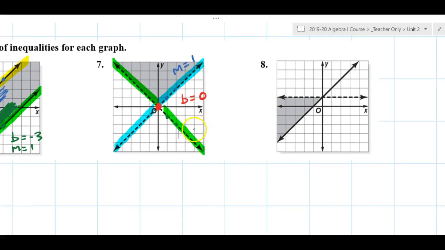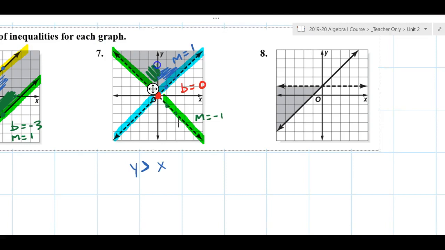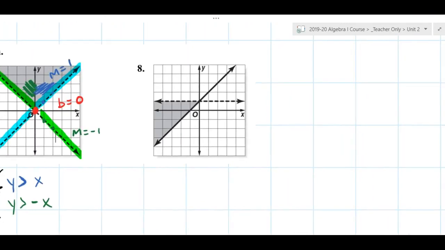The slope for the green line is -1. So writing my system, the blue line is shaded above and it's dotted, so there's no equal sign. Y is greater than 1x plus 0. We don't need to write plus 0. The green line is also shaded above, so y is greater than -x plus 0. And we have our system of inequalities.